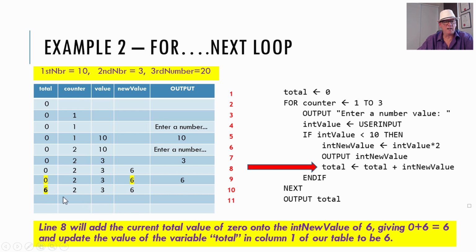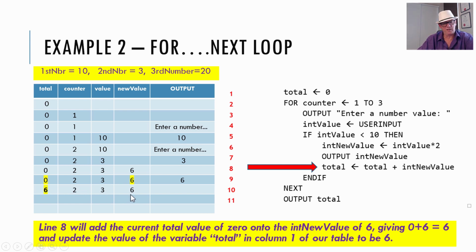So at line 8 here, total's now going to get updated to 6 because that's what this line's doing. It's saying take total, which was at 0, add on int new value 6, so it'll do 0 plus 6 and work out that this is 6, okay? So that's the actual thing that's happening on line 8.